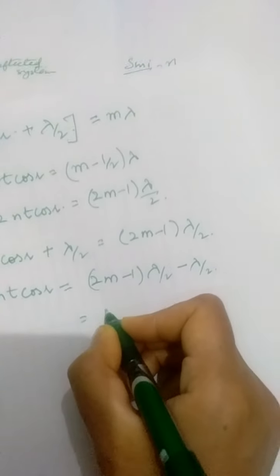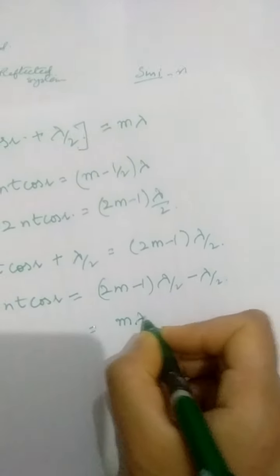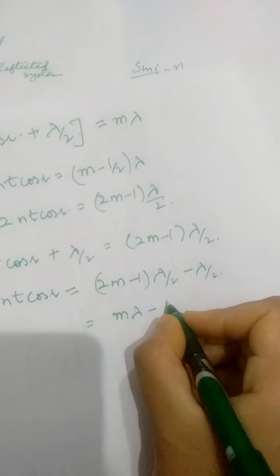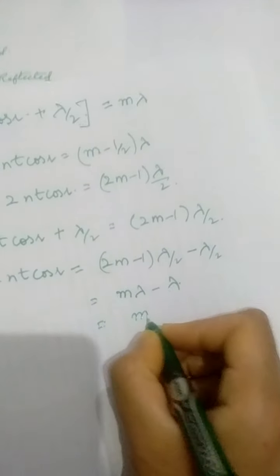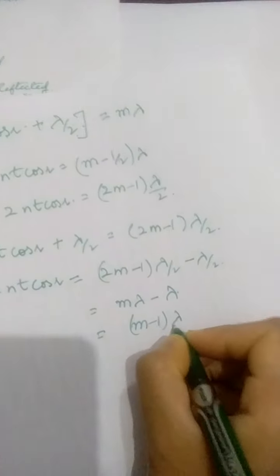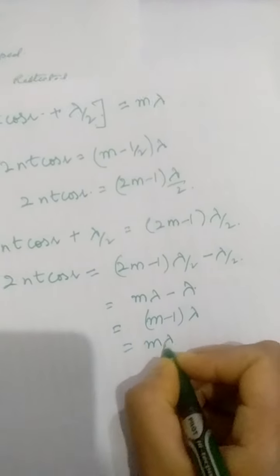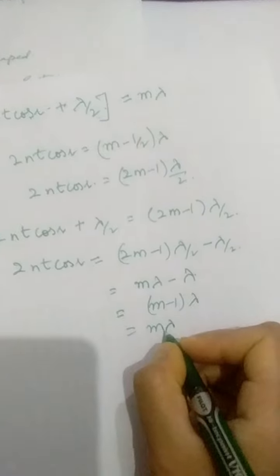So that is m lambda minus lambda by 2 and lambda by 2, that is only lambda. So that is equal to m minus 1 lambda. Since this m is also an integer, it doesn't matter if we write m for m minus 1. So it is m lambda. So this is the condition for destructive interference.